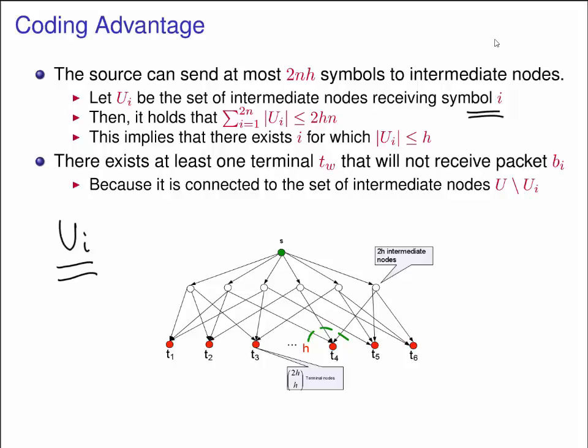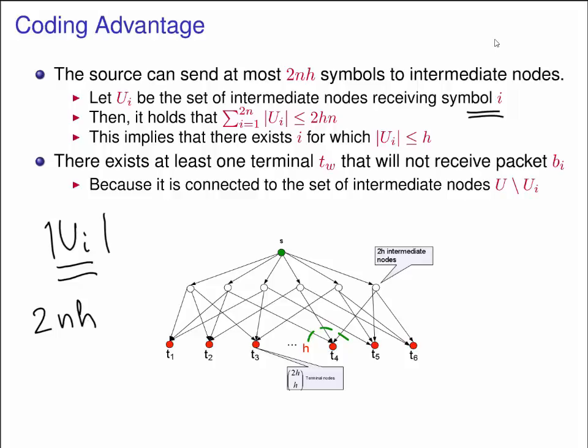The total number of symbols the source can send is equal to 2 times n times h, and each symbol i will be using size of ui transmissions out of those 2n times h transmissions that the source can make to deliver to intermediate nodes.